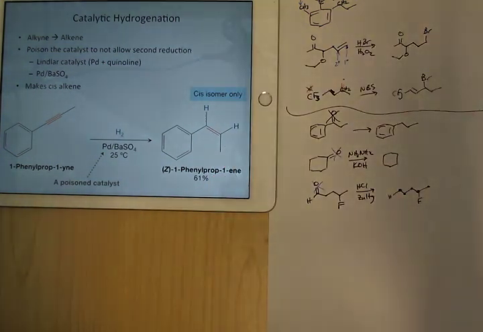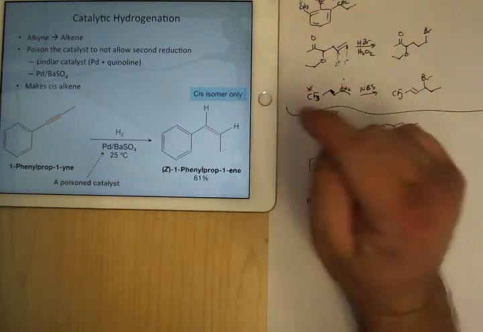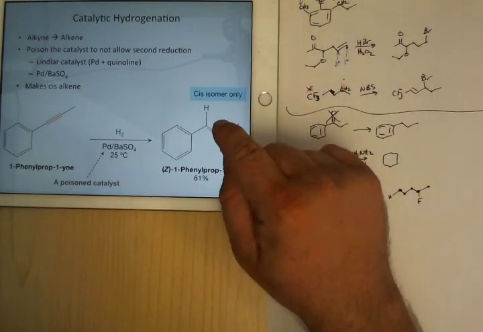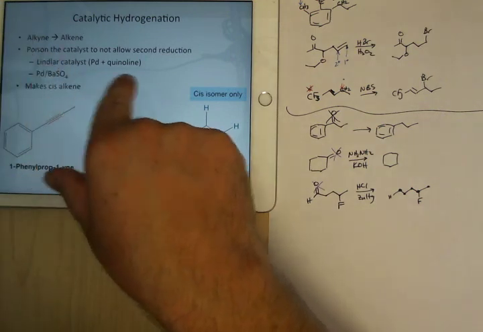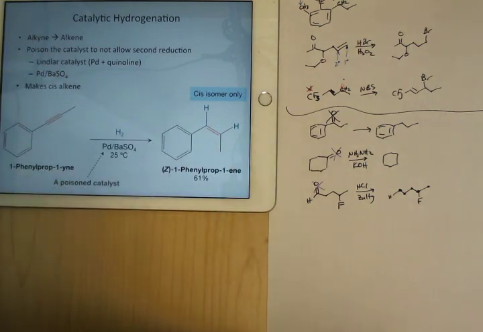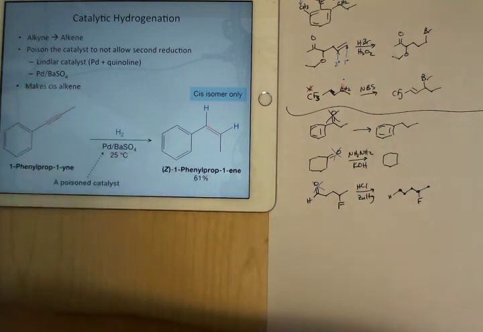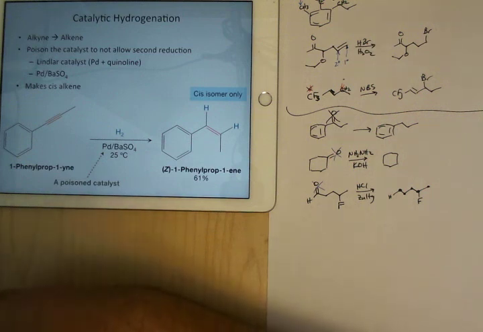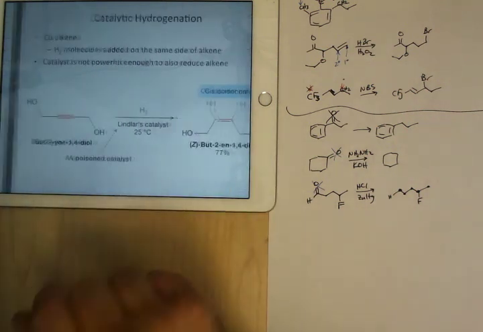Because we're adding the hydrogens on the same side, we get the cis isomer of that alkene. This is typically what's called a Lindlar catalyst, which is palladium in the presence of some quinoline. The other way you can see this is palladium on barium sulfate, so it has barium sulfate embedded into it. That will also poison it. This is a good way to make the cis alkene.